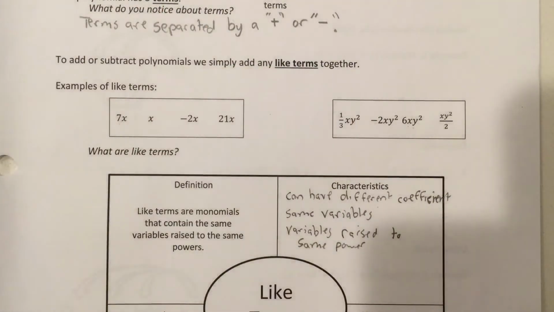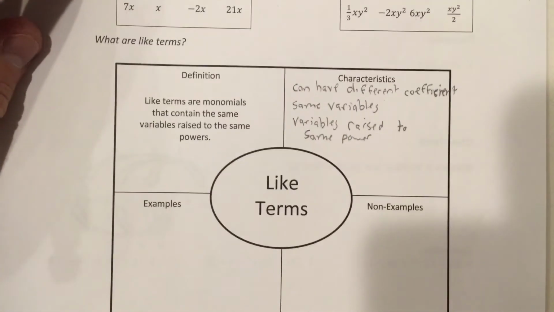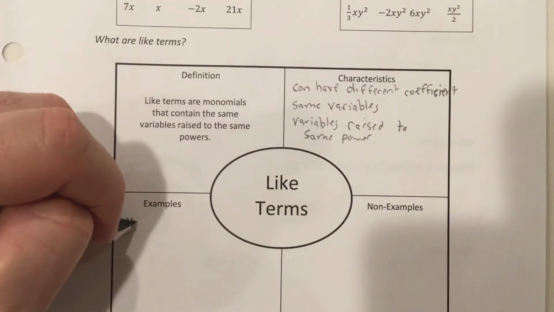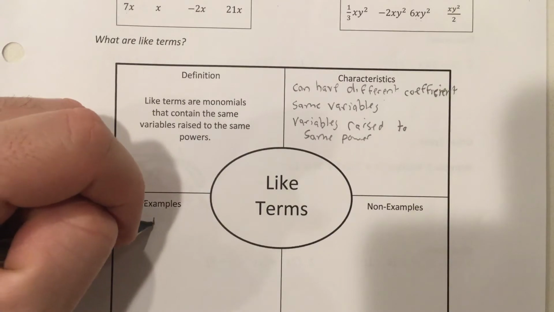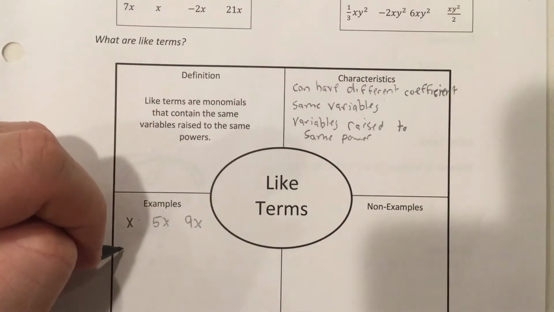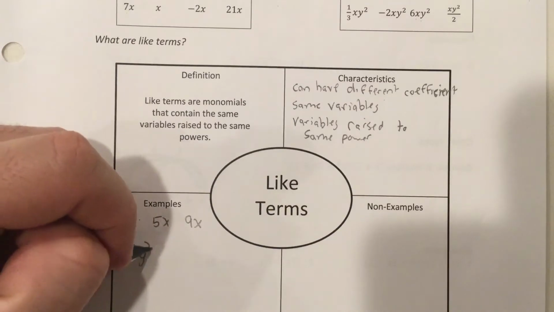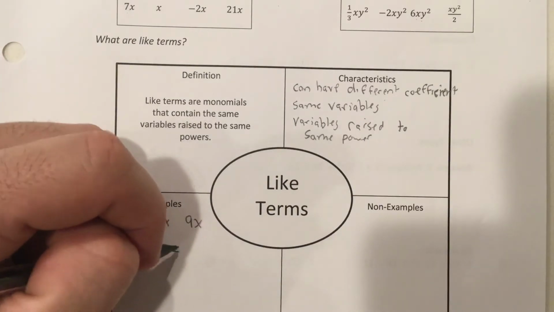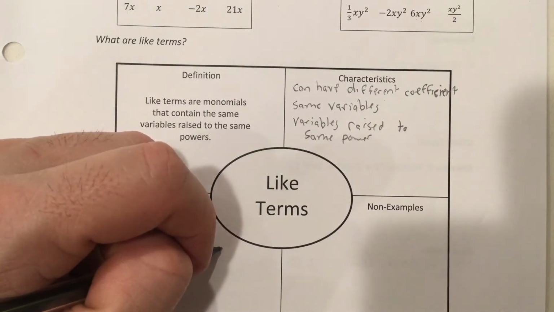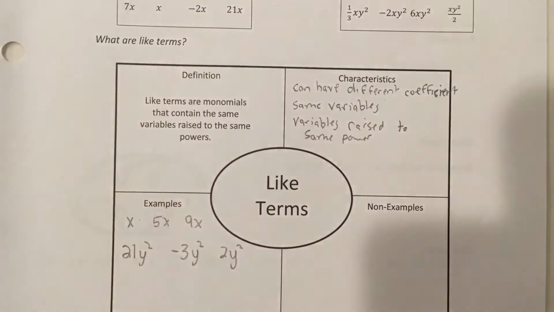So again, kind of like the definition. Examples of like terms: x, 5x, 9x. We can say 21y squared, negative 3y squared, and 2y squared.